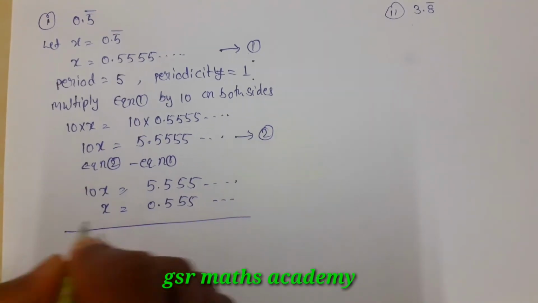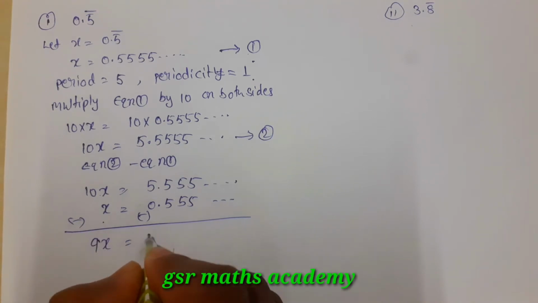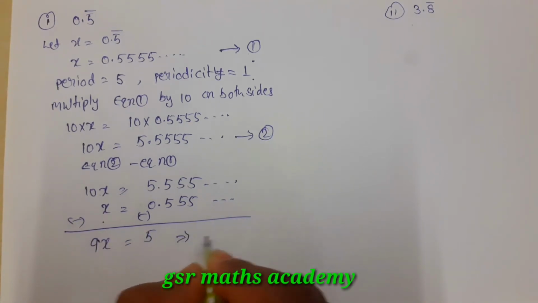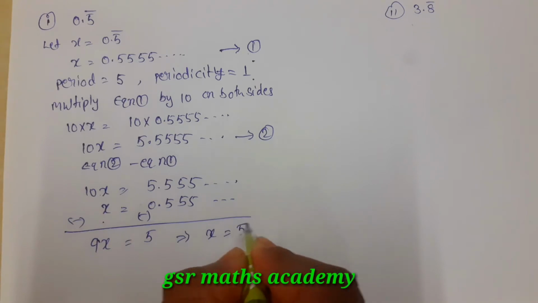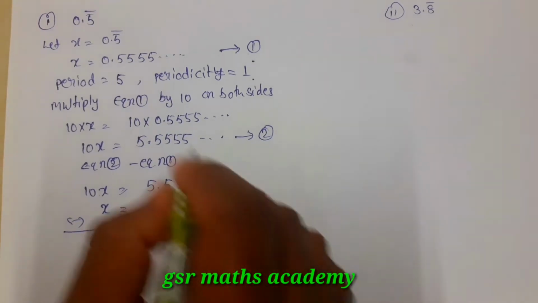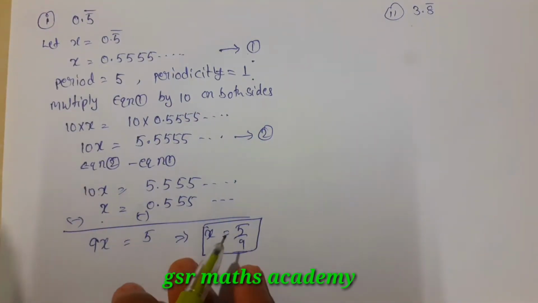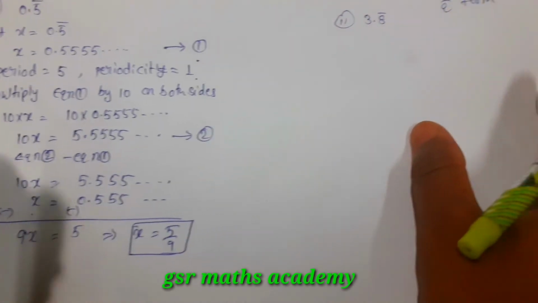Subtracting this, we get 10x minus x, that is 9x, is equal to 5. From this we get x is equal to 5 by 9. This is the P by Q form of 0.5 bar. Okay, now let us see the next question.